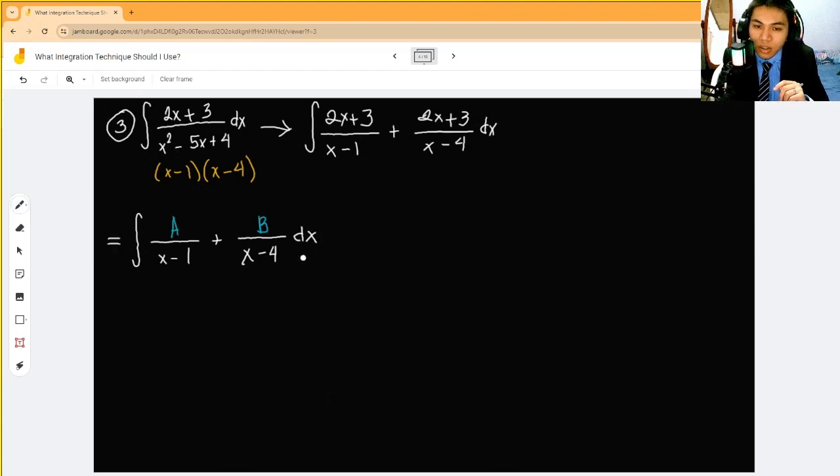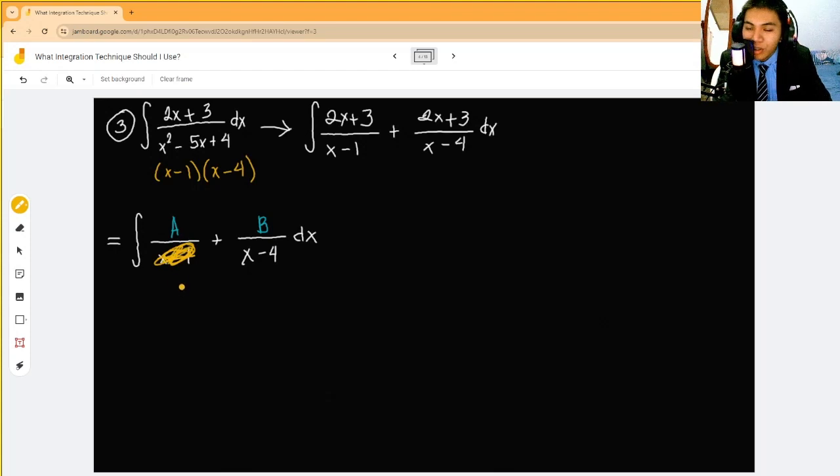When I say it's going to be easy, it's pretty straightforward, and this is what we call the cover up method. How this works is, if we want to compute for this variable right here, we will cover up its denominator.